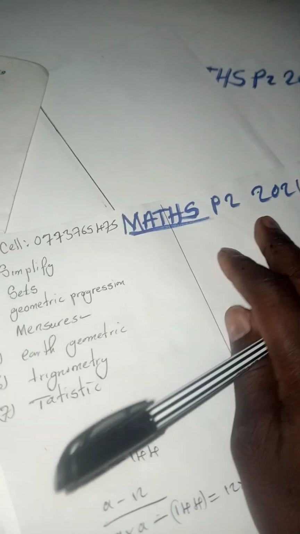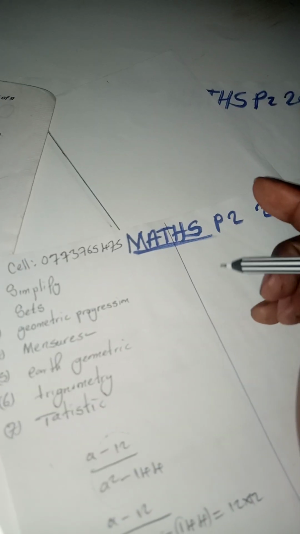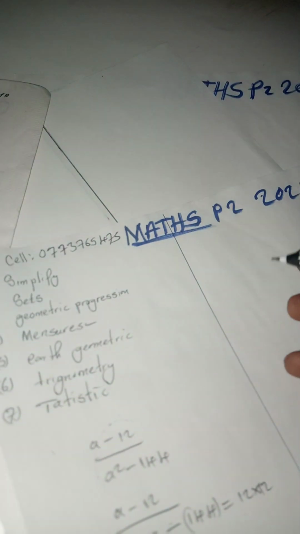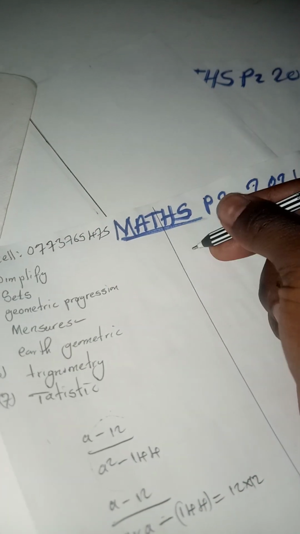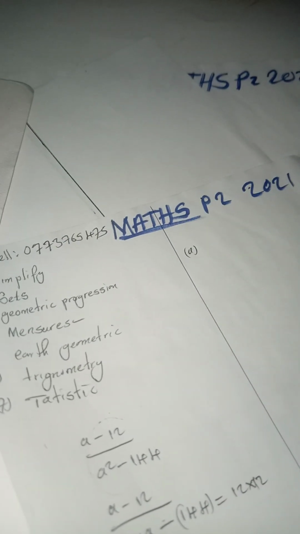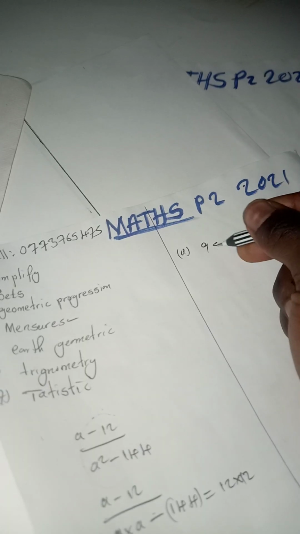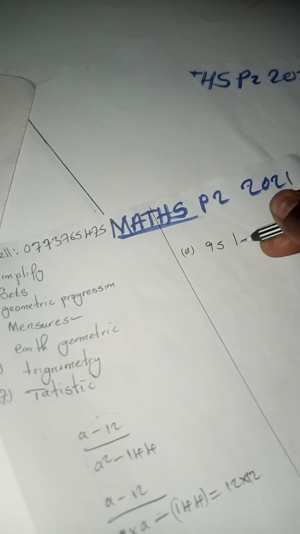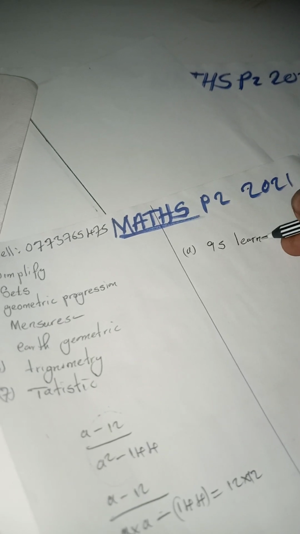Okay, so actually the total number of grade 12 learners at this school was 95. 95 learners. What of B?